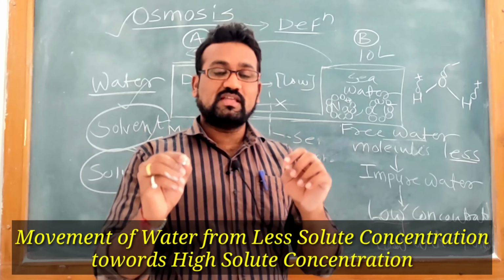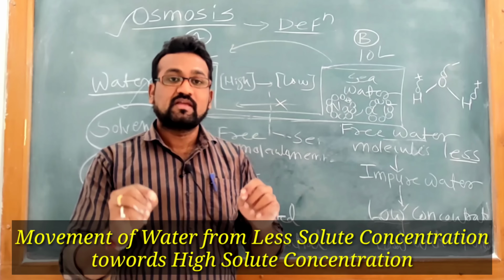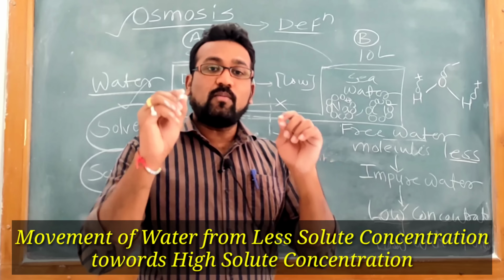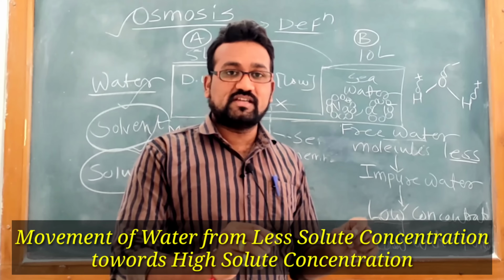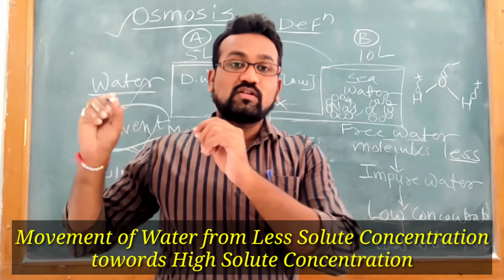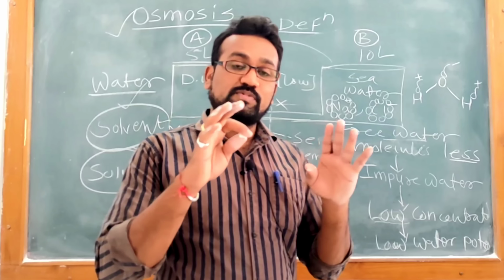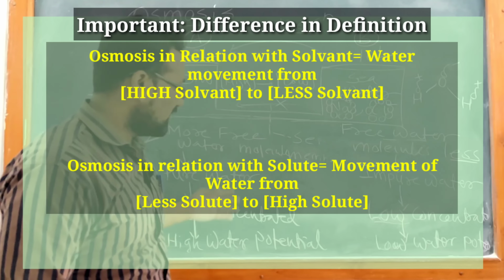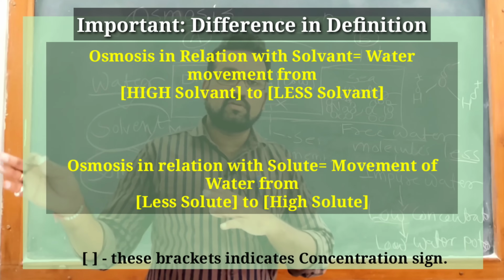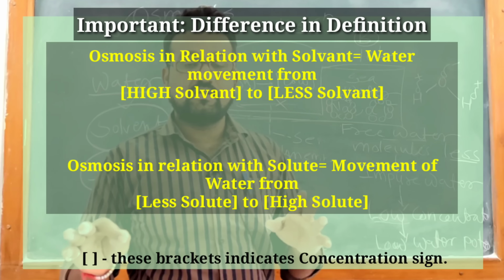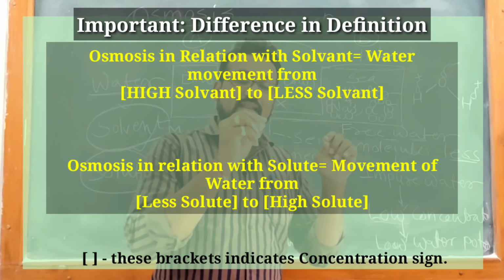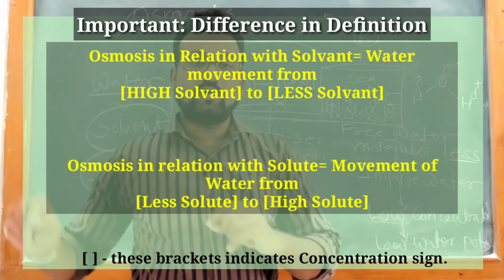Please listen carefully: the movement of water molecules from the region of less solute potential towards the more solute potential area. In terms of solvent we have said there are various definitions. In terms of solute I have just said one definition. The movement of water molecule from less solute potential to the high solute potential area.